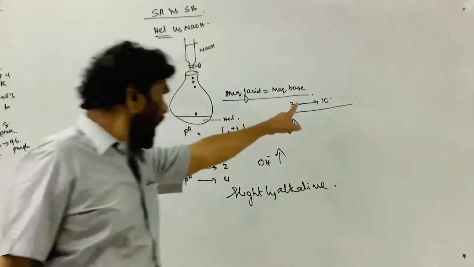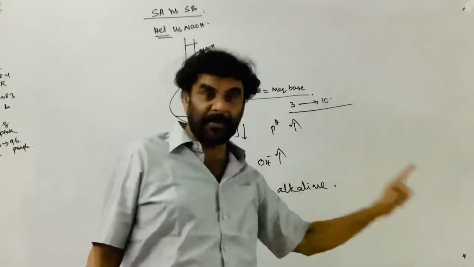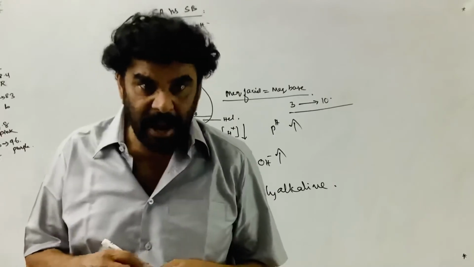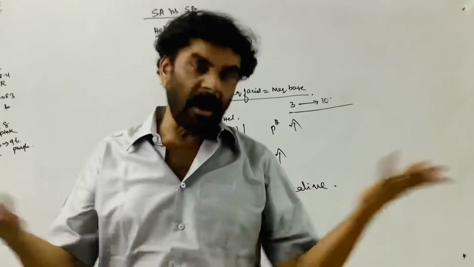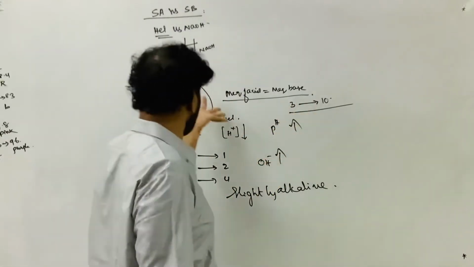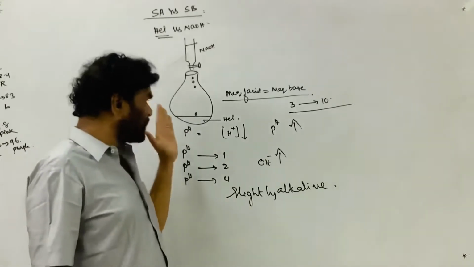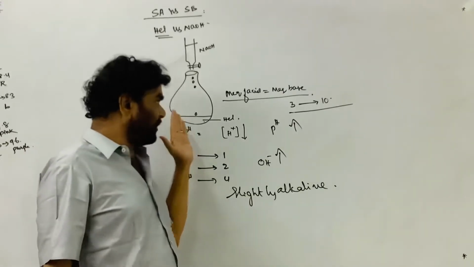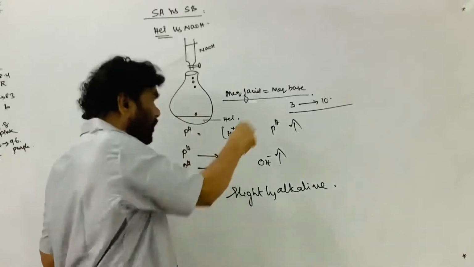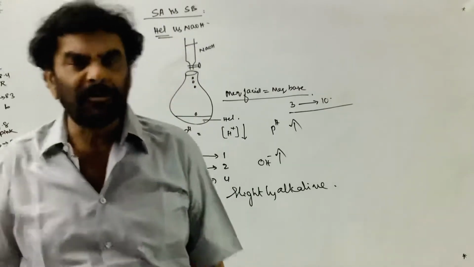If the last drop is not added, it is an incomplete neutralization. If it is added, a fraction of the drop is in excess, and we can't do anything about it. The amount of sodium hydroxide required to change the pH of this solution from pH 3 to pH 10 is a fraction of a drop, a very negligible quantity.